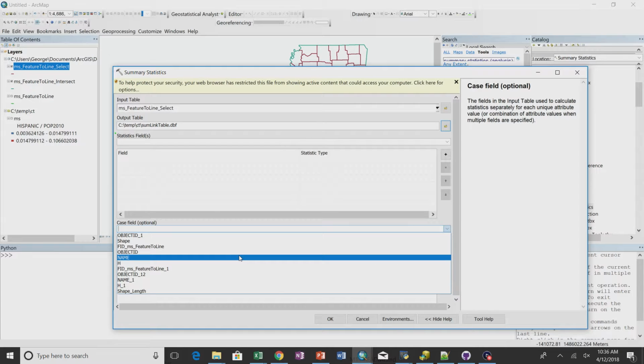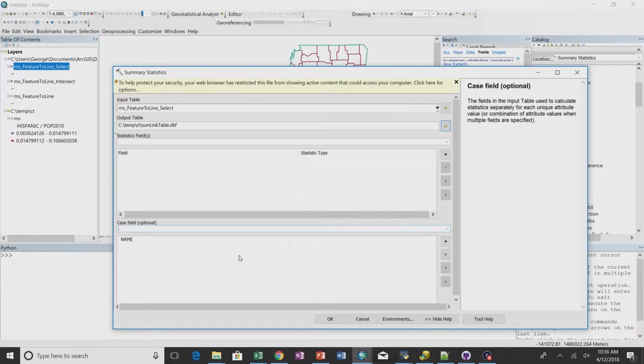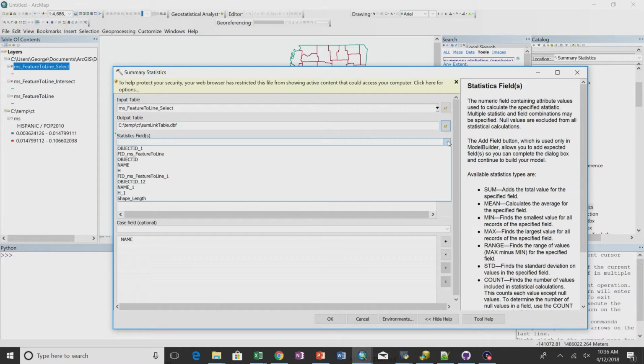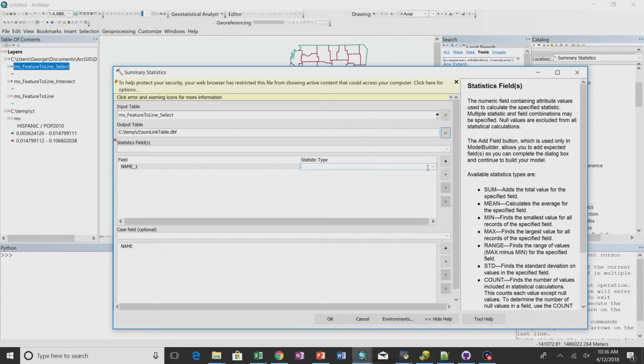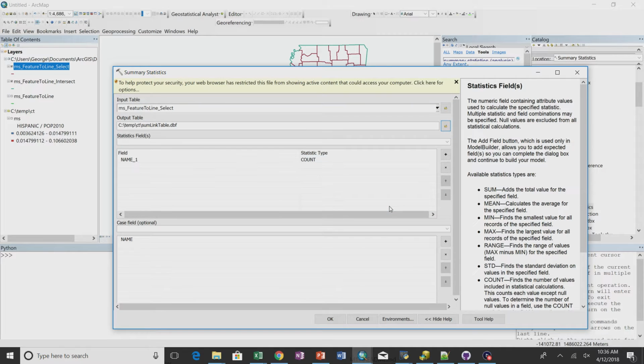I just usually select the first name. So what it does is now it's going to collapse everything into name. And the statistic that we choose doesn't matter too much, but you just want the count of how many links there are. So I say name one, and then as the statistic, I just choose count.